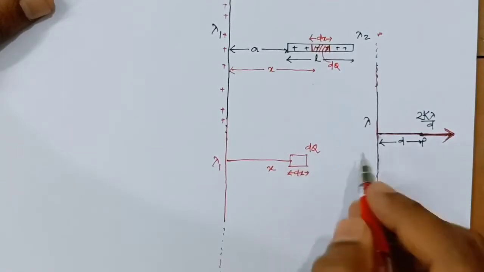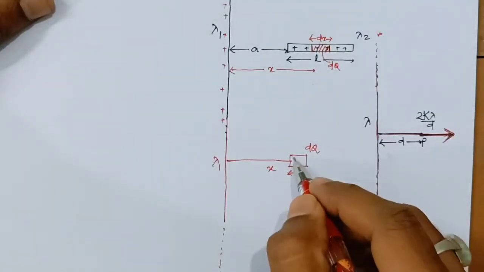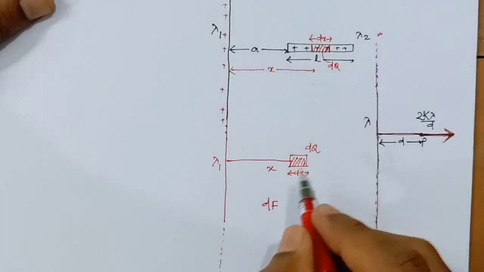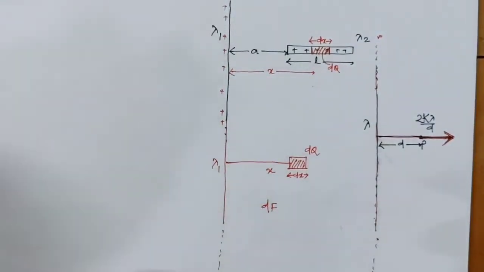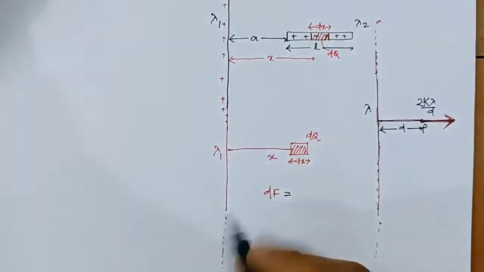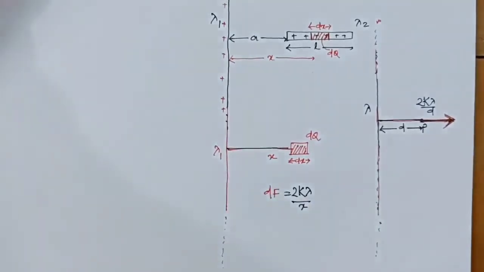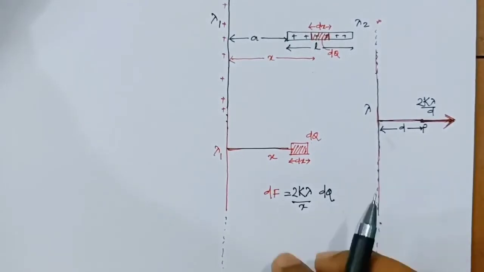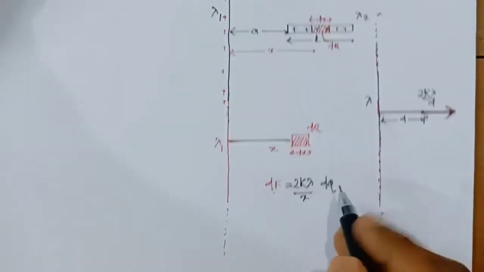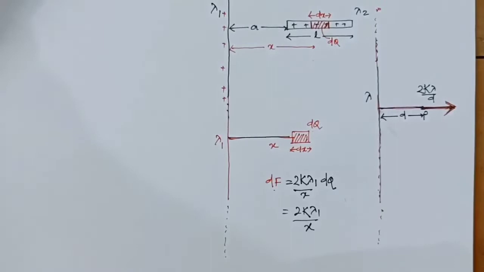The expression of force is nothing but the electric field of this infinite rod times the charge of this elementary section. So I can write dF because I am writing the expression for this small element. dF can be written as the electric field due to this infinite rod, that is 2k lambda upon x because distance is x, times the charge dq. Here I must introduce lambda 1, and dq can be written as what?